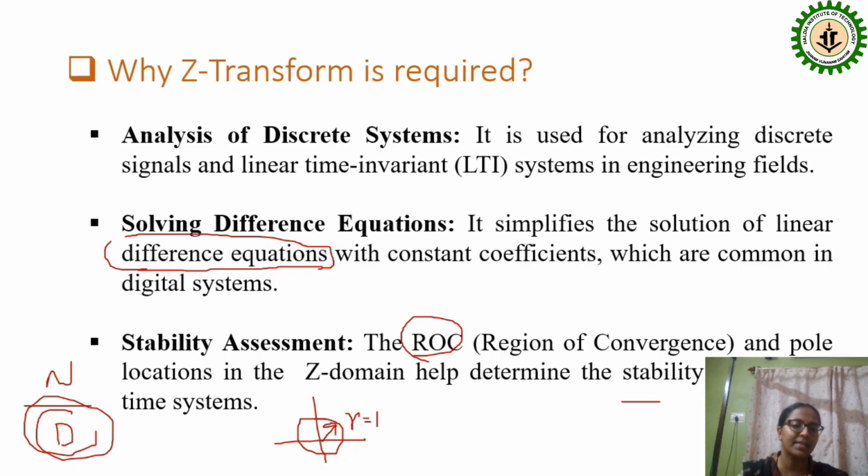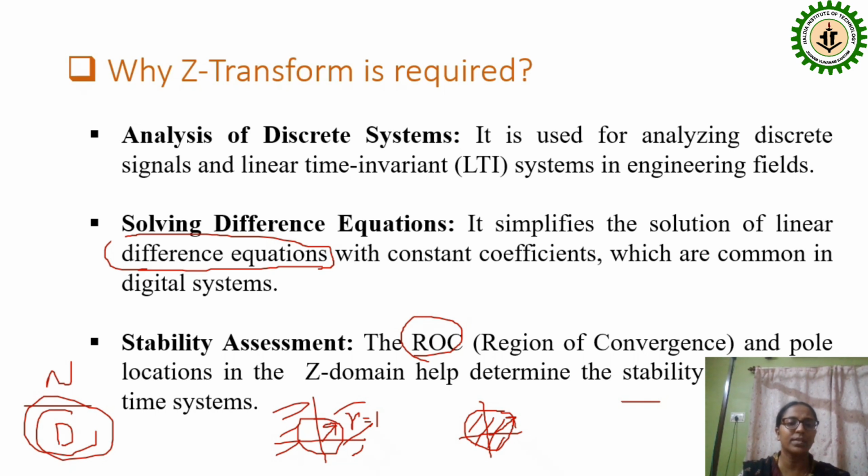For a causal system, you will find that the ROC is outside the unit circle. When the system is non-causal, you will find that the ROC will be inside the unity circle.